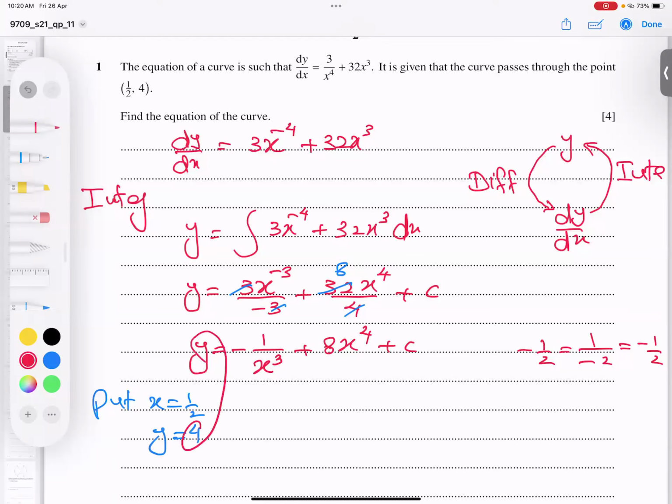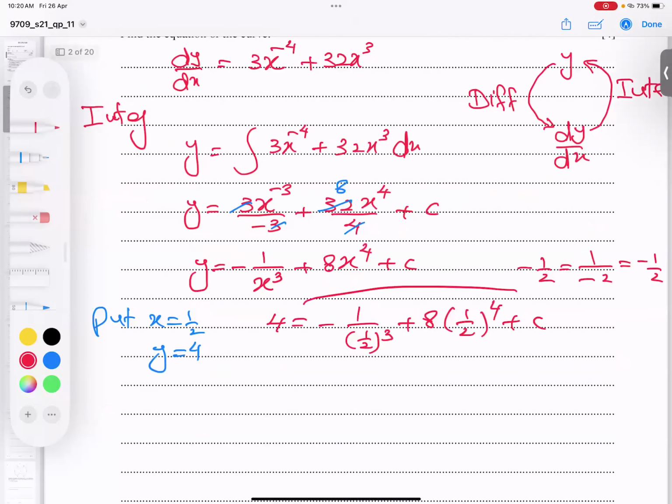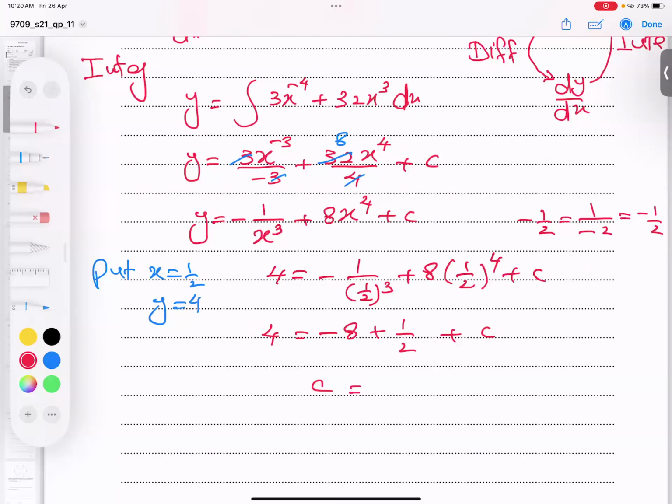So when I plug in 4 here and half here, you can type the whole thing in the calculator, including signs, or I can do it by hand: this 108 becomes -8, 2 to the power 4 is 16, I get a half. If I type in the calculator, this becomes 12, 12 plus half is coming 25 over 2.